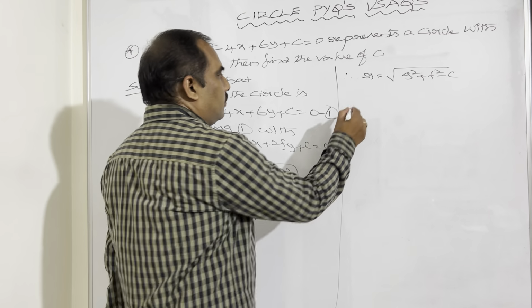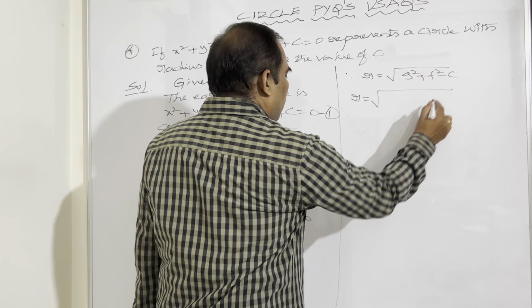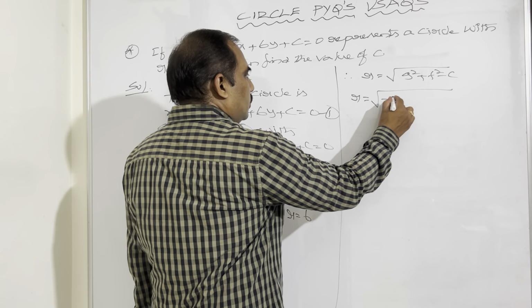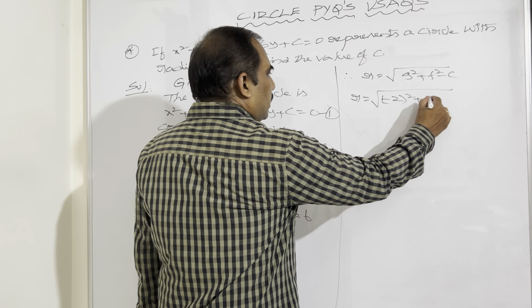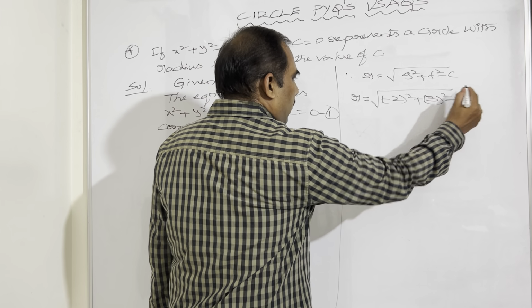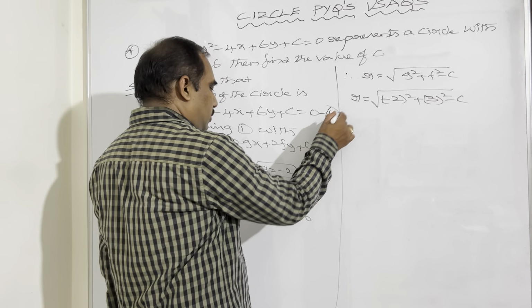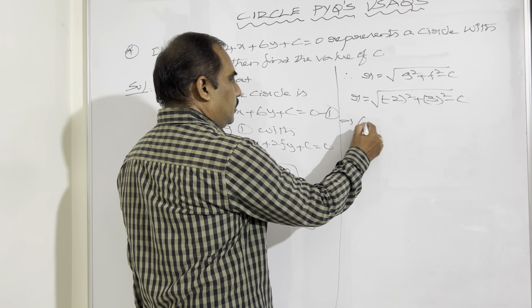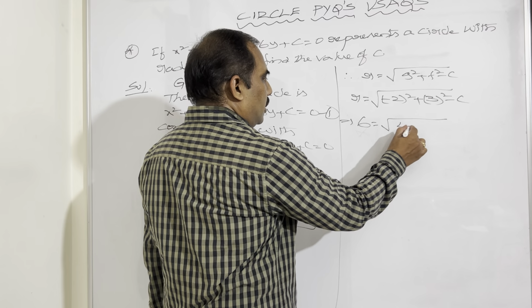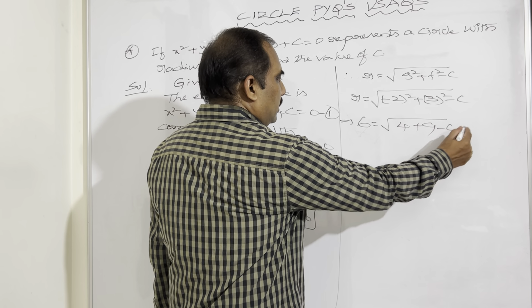Which is r is equal to root over, g is minus 2 whole square, plus f is 3 whole square, and minus c. We already know that r is equal to 6. Now r is replaced by 6 is equal to root over 4 plus 9 minus c.